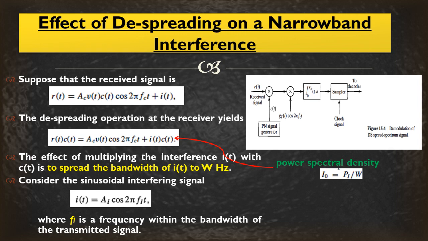Let us say I_0 represents the power spectral density of the spread interference signal at the output of the multiplier, and that is given by P_I divided by W. P_I is the average power of the interference signal, and W is the bandwidth. The average power over the bandwidth gives you the power spectral density.